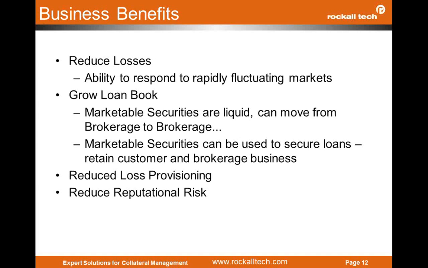You have a reduced LGD, which means you increase your capability and ensure that you can maximize the collateral value from a capital adequacy perspective. And finally, I suppose it's reducing reputational risk, to ensure that you're continuing to keep on top of your client base, and that you can proactively let your client know what's happening in the market.